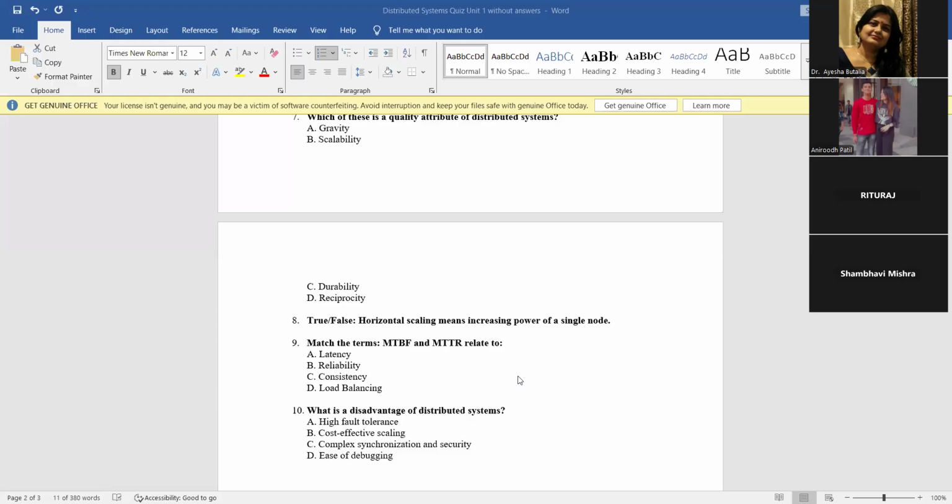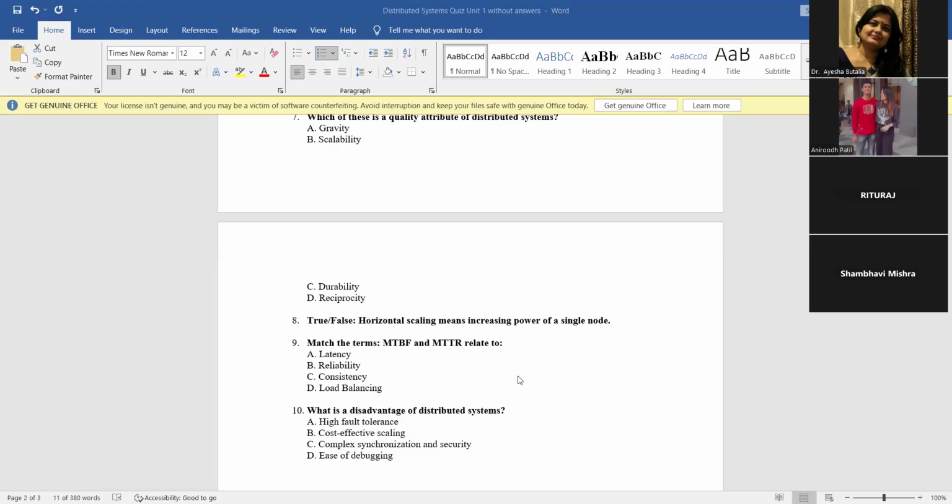Horizontal scaling means adding more nodes or machines to the system to handle increased load, not increasing the power of a single node. So vertical scaling means you are increasing the power of the CPU, whereas horizontal scaling means you are just adding to the number of nodes.